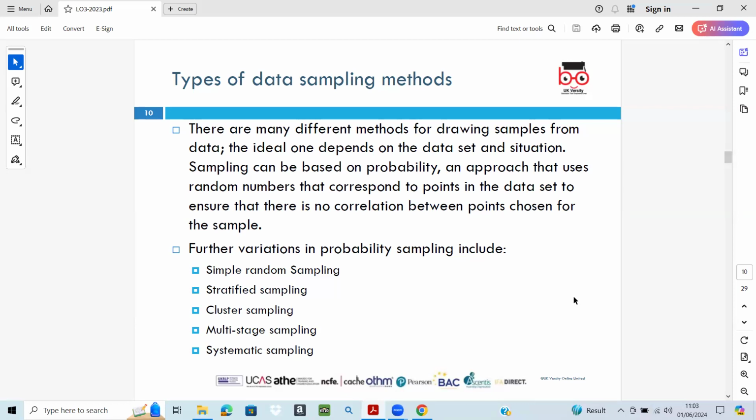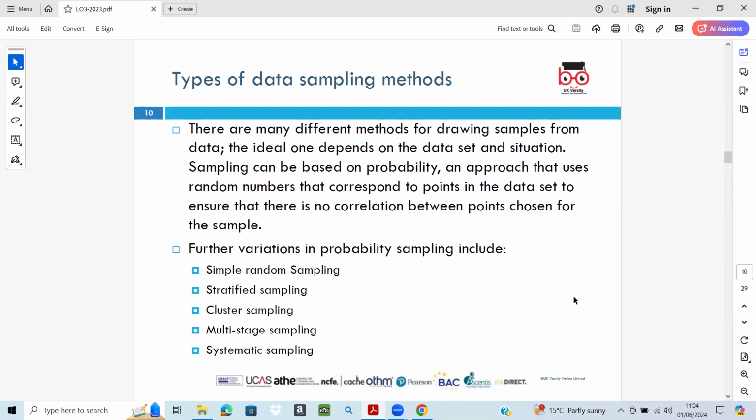Then we have multi-stage sampling. It's a combination of different sampling methods where sampling occurs in stages. For example, selecting clusters in the first stage, then sampling individuals within those clusters in subsequent stages. This method is especially useful for large and diverse populations.